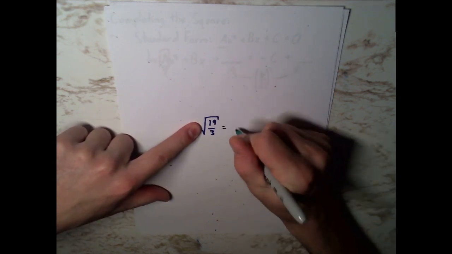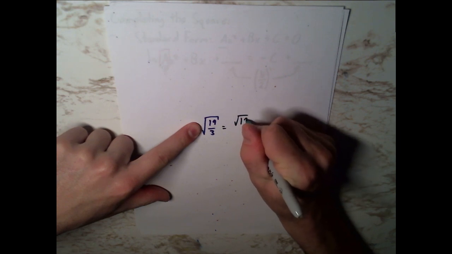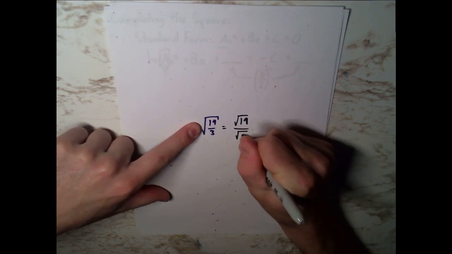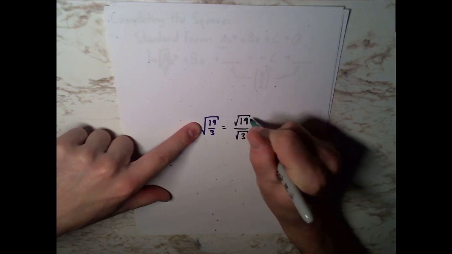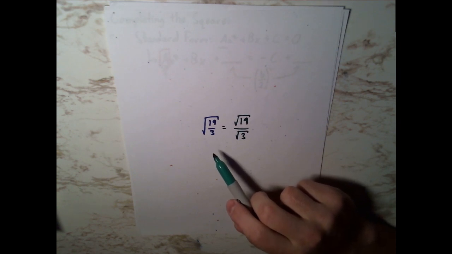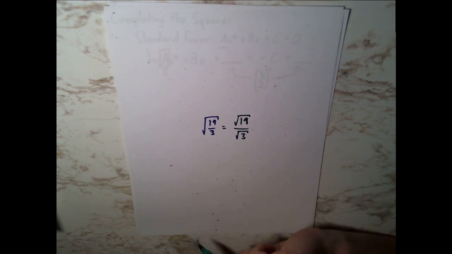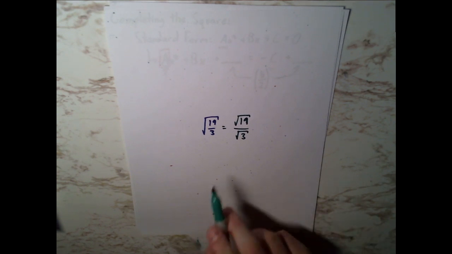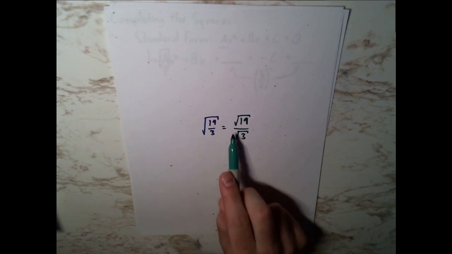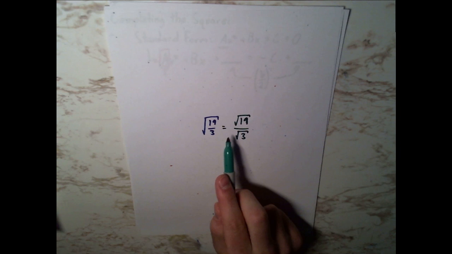So I'm going to show you rationalizing the denominator really quick. And you've probably heard of this before, but I just want to make a little reminder that often when you're solving completing the square problems, you're going to have to end up rationalizing a denominator at the end. So the square root of 19 over 3 can also be rewritten as just the square root of 19 over the square root of 3.